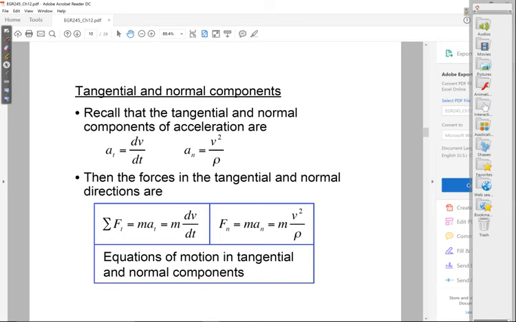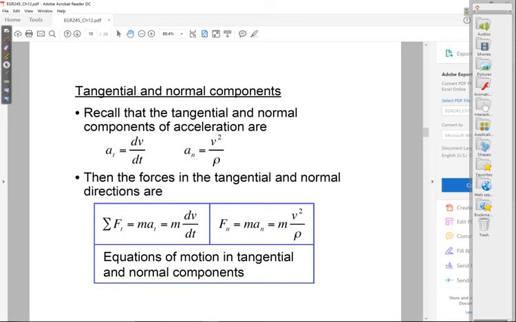What you would usually need is velocity as some function of time. And once you have that velocity as a function of time, whether through experiments or, in our case, someone just gives it to you, you just differentiate it to get dv dt, which is acceleration. So that's the tangential direction.